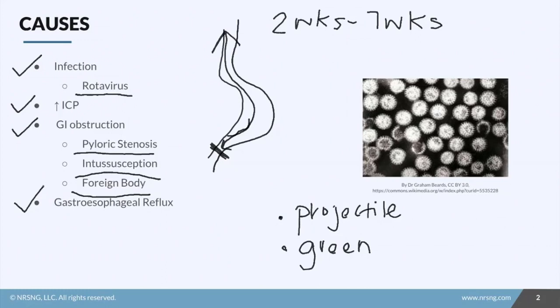Most of the time, this isn't a problem. Most infants actually grow out of it as they start to sit up more and eat solid foods. So by 1 year of age, it's usually not a problem. But there are some pediatric patients that deal with long-term gastroesophageal reflux. Usually those are patients who have chronic illnesses, so patients who maybe have cerebral palsy or Down syndrome or really any kind of neuromuscular issue.